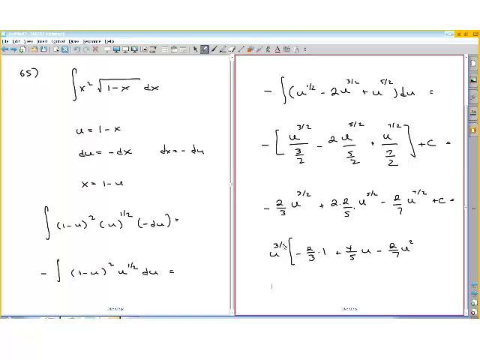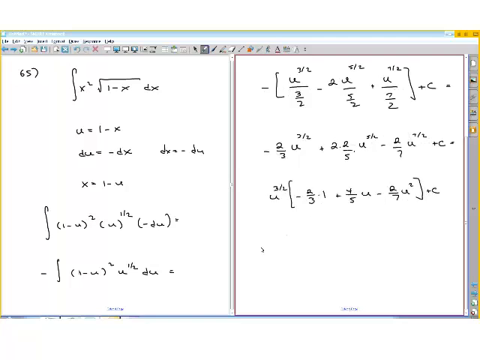Because if you factor out 3/2 from 7/2, you're left with 4/2, which is 2. And now we can substitute u in. So we get 1 minus x to the 3/2 times negative 2/3 plus 4/5 times u, which is 1 minus x, minus 2/7 times 1 minus x squared, plus c. You could actually multiply all this out and combine like terms, but I think that's good enough.